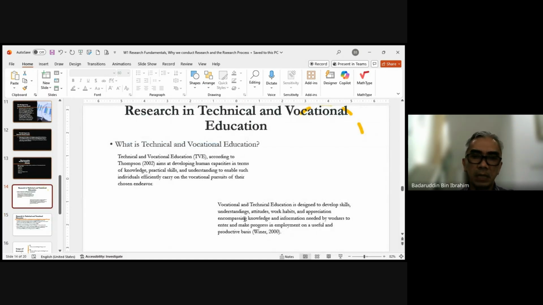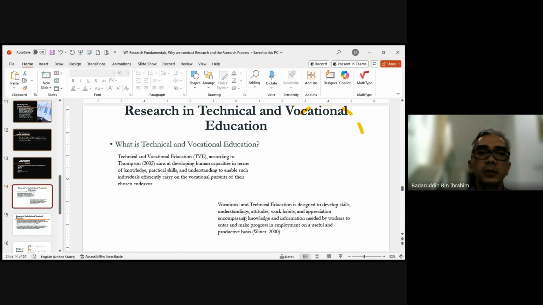So as I mentioned, since I'm from an education background, most of the points that I highlight in this slide are maybe related to technical vocational education, but again, it's about education. So I believe other social science fields can also use this as an example for your topics.